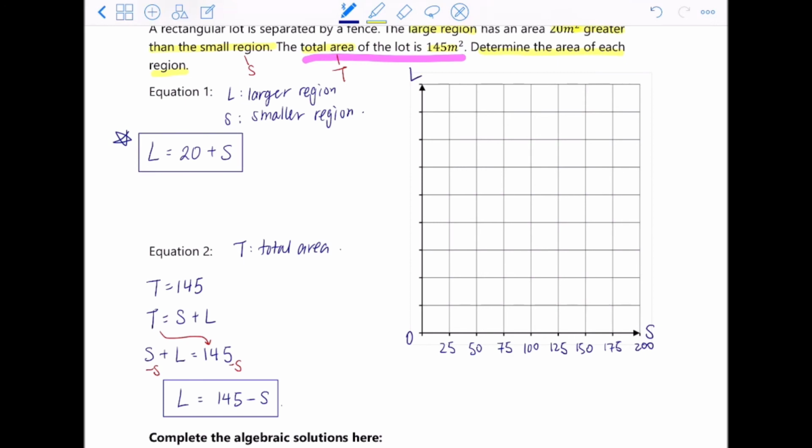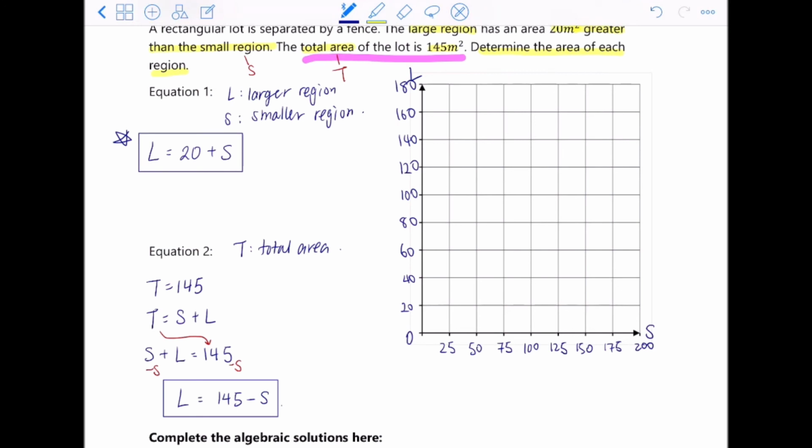It really doesn't matter which side you do, I just chose it this way. And for the y-axis, go up by 20. All right, so once we're done, let's try plotting the points first.